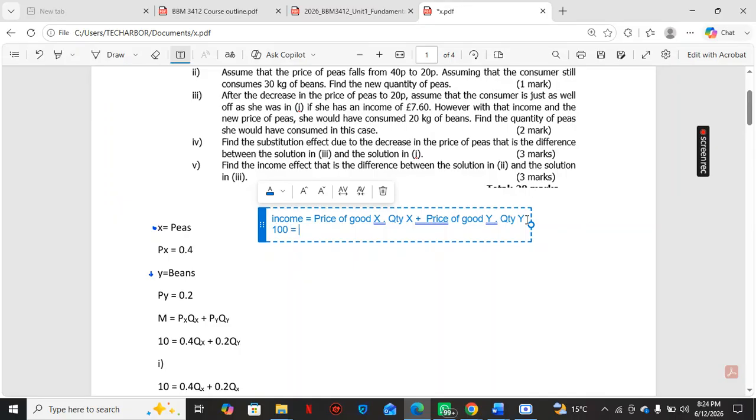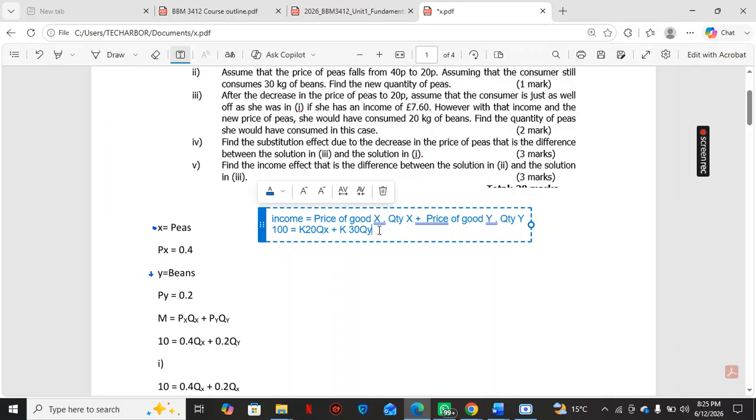So maybe say the price of bread is 20 kwacha a loaf, multiplied by the quantity of bread, QX, plus the price of sugar, let's say 30 kwacha, multiplied by the quantity of sugar. So with this budget constraint equation, you'll be able to tell how much bread can I buy at ShopRite, how much sugar can I buy at ShopRite.